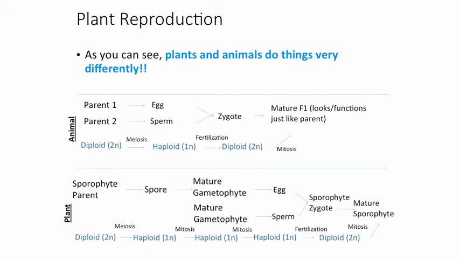In plants, we have a diploid sporophyte, which undergoes meiosis to make a haploid spore. Those spores are then going to grow into haploid gametophytes, which undergo mitosis to produce haploid egg and sperm. And now we're finally back at fertilization to make a diploid zygote, which is in fact going to be the new sporophyte generation.